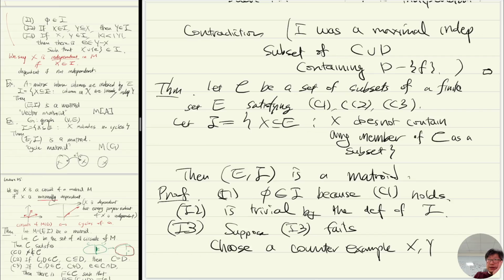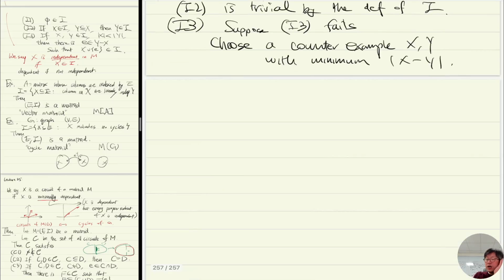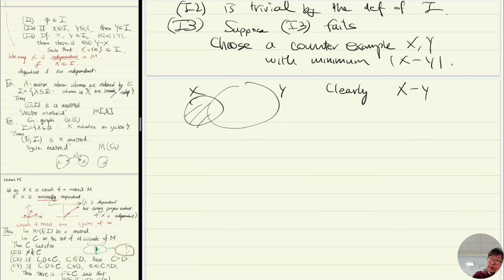Choose a counterexample X, Y with minimum X minus Y. Among all counterexamples, I choose the one with this size as small as possible. And clearly, X minus Y is non-empty.